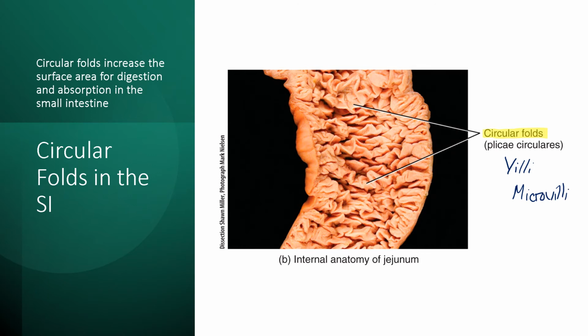Circular folds are folds of the mucosa and submucosa. These are permanent ridges that begin near the proximal portion of the duodenum, and they end at about the midpoint of the ileum.